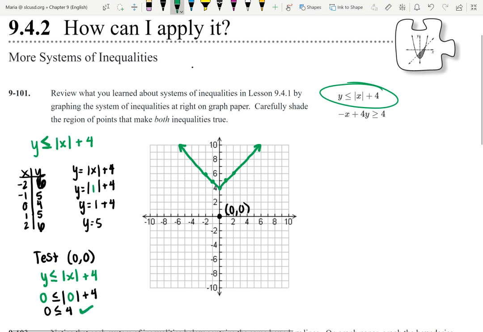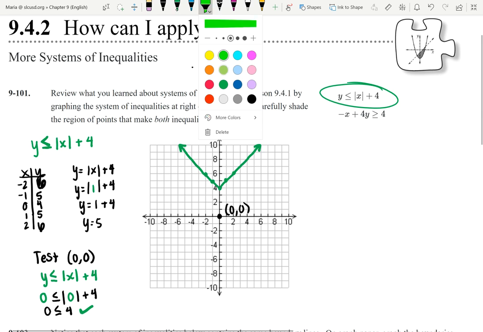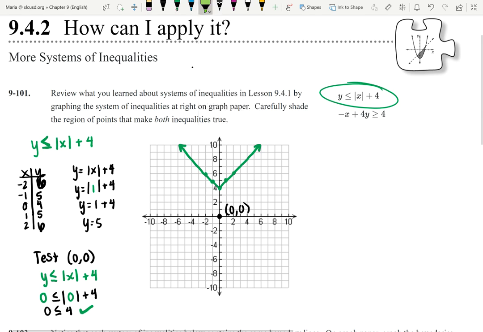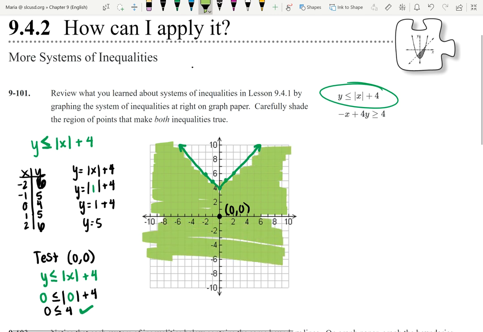It is. So 0, 0 is a solution for this inequality, which means that we're going to shade towards 0, 0. So I'm going to shade below this V shape. Okay, everything down here too.